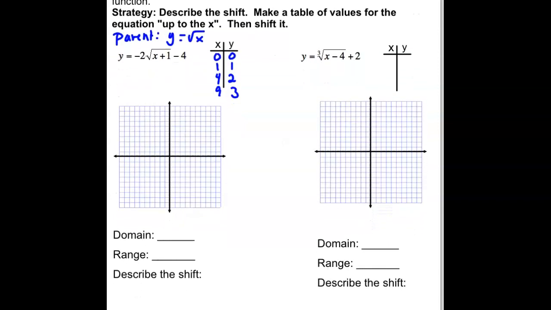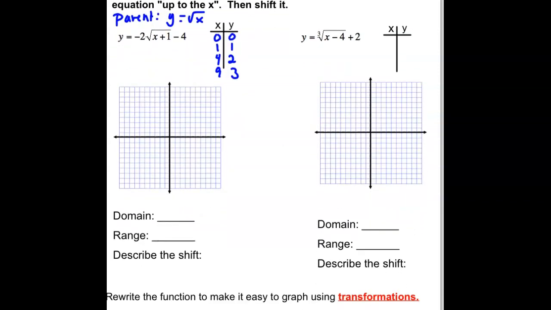That negative in front is causing us to reflect over the x-axis. The 2 is causing us to have a vertical stretch. So we're reflecting over the x-axis. We then do a vertical stretch of 2. And then we are going to shift it left 1 and down 4.